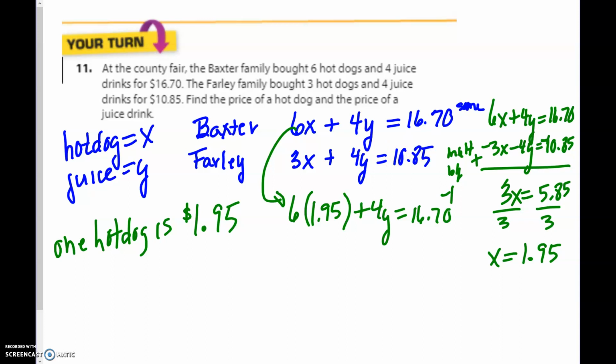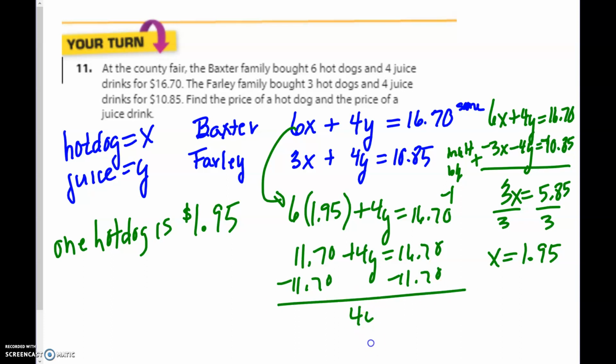All right, so 6 times $1.95, grab that handy dandy calculator. I got $11.70 plus 4y equals $16.70. So I'm going to subtract $11.70 from both sides.